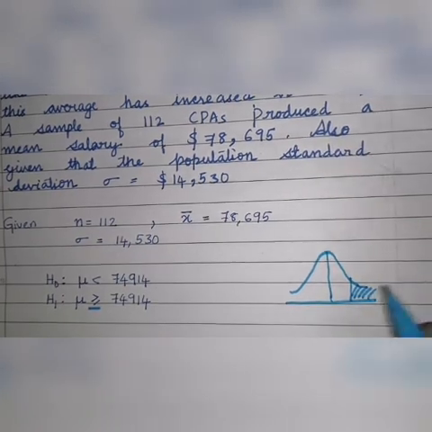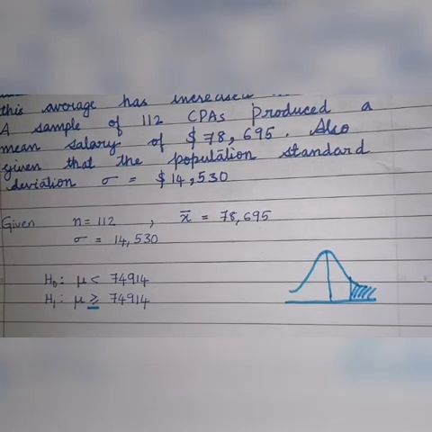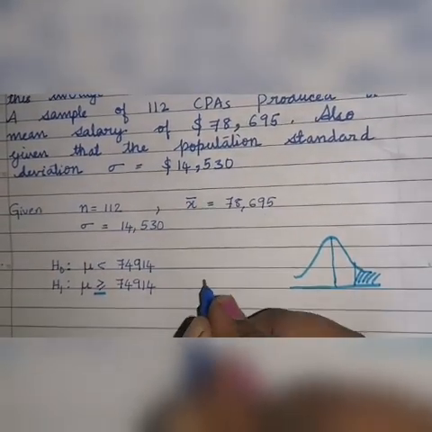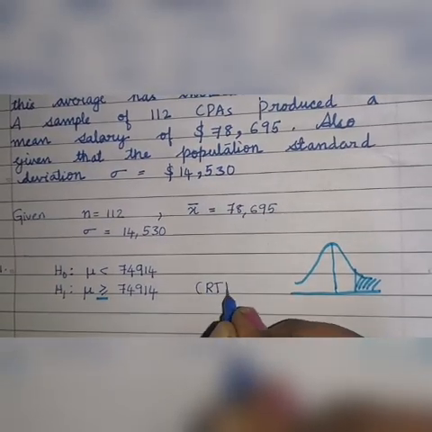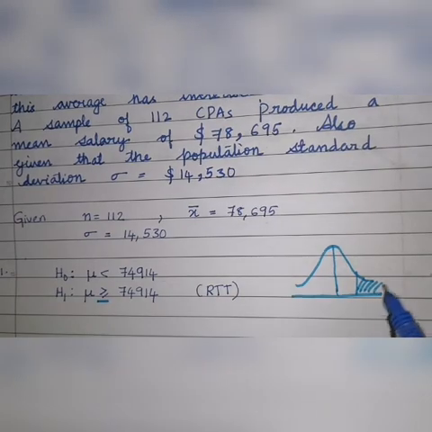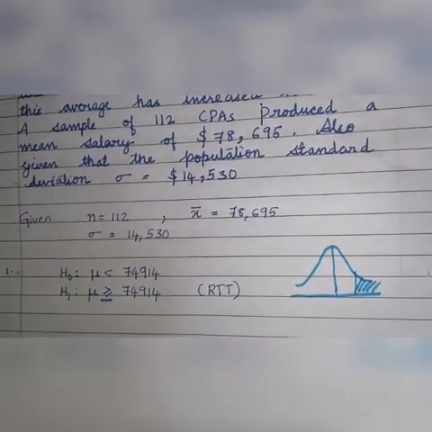This is the greater value, so it has to be a right tail test. It is a one tail test, and in particular a right tail test, because the rejection region will be towards the right hand side of the curve. So the first step is complete.